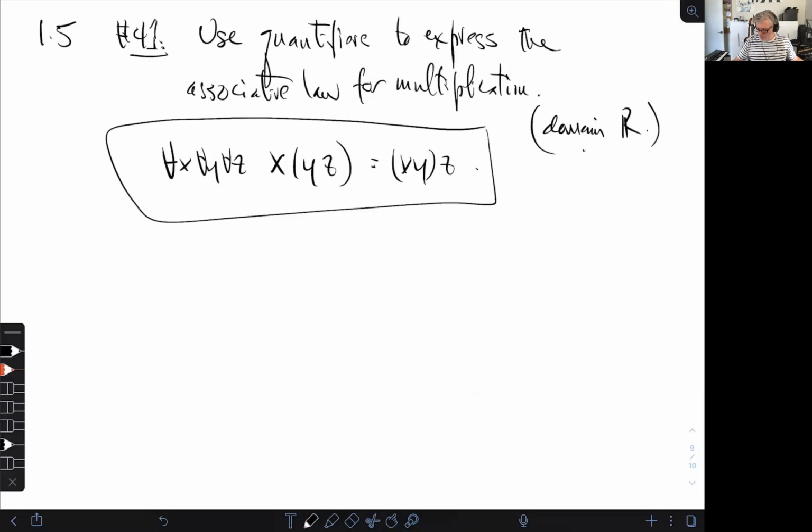So that's pretty much the problems I wanted to do. If you looked at the list of problems, I haven't assigned anything from 1.6, rules of inference. If I had an infinite amount of time, I might do a few things in there, but I don't. So I can save you lots of time.